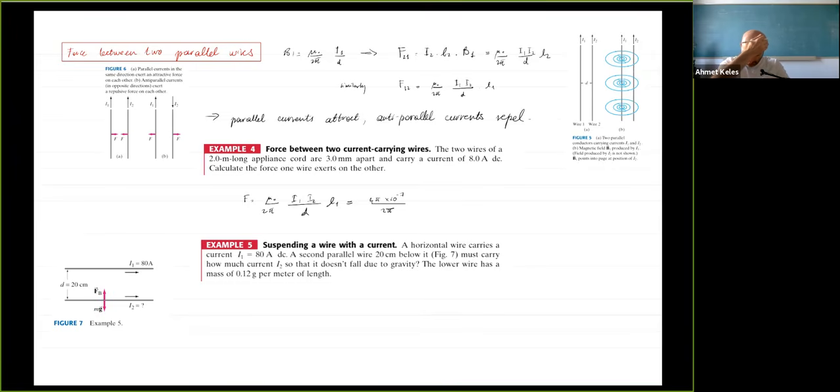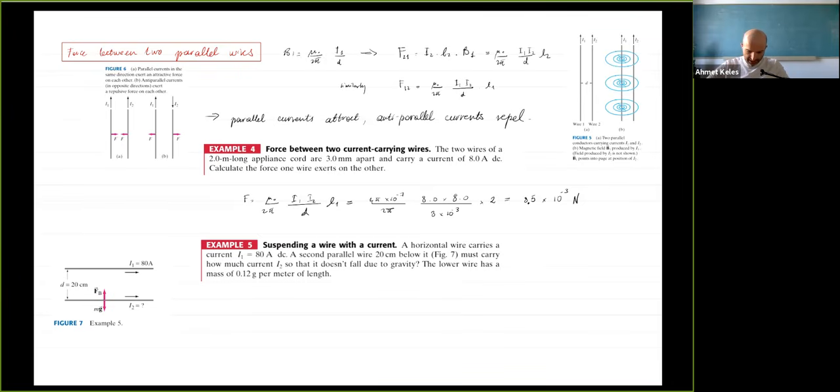I1 and I2 are each 8 amperes, so that's 8.0 times 8.0. Their separation is 3 millimeters, so this is 3 times 10 to the minus 3 meters. And finally, the length is 2 meters. So this is 85 times 10 to the minus 7, maybe 10 to the minus 3, about 8.5 times 10 to the minus 3 Newtons.